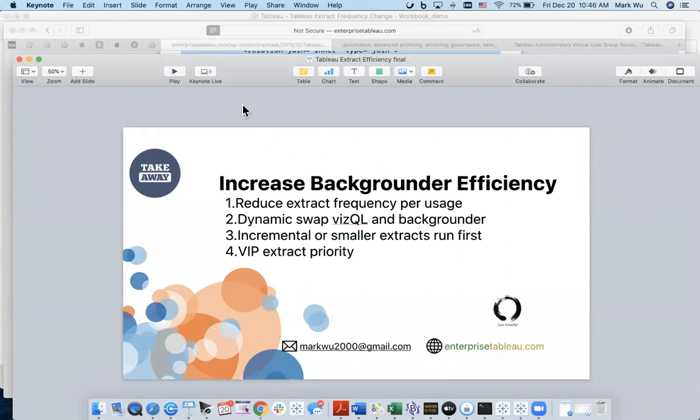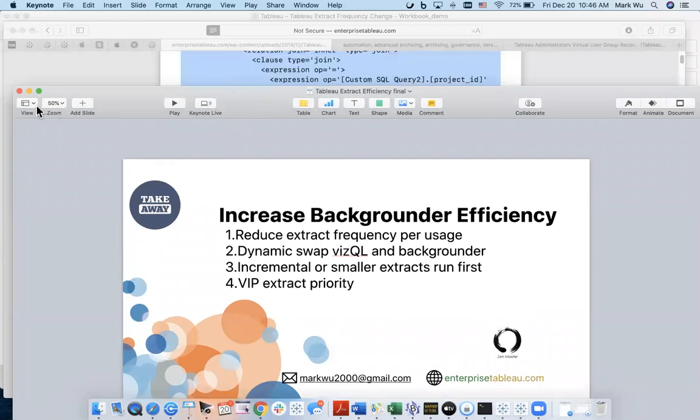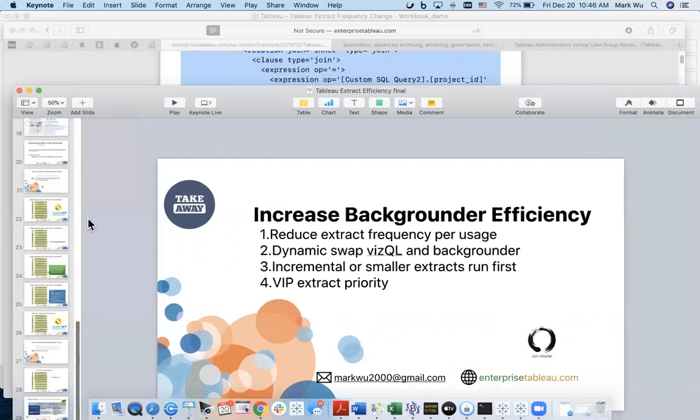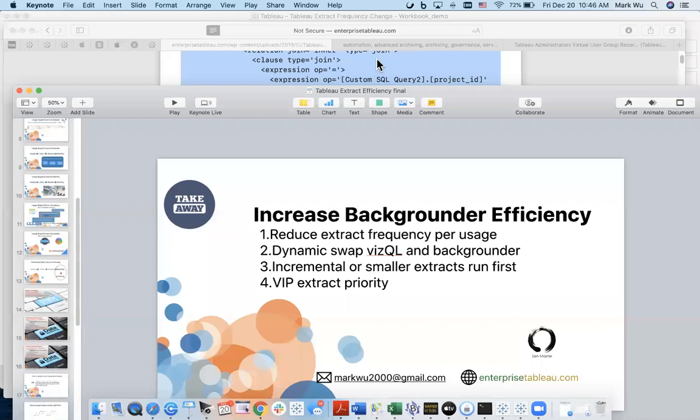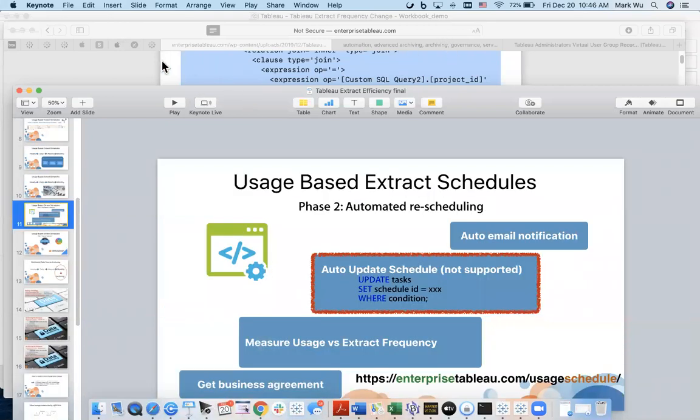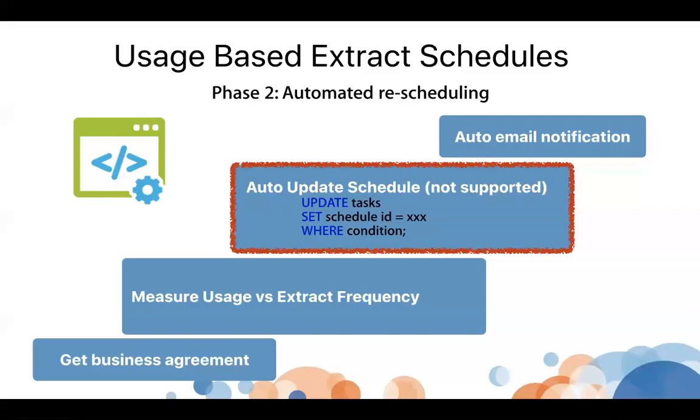People have a question about updates. Let me just go back. Oh, this one. Okay, go back to where it was. The question is around these updates. This update is to update Postgres directly. Again, it's not supported by Tableau, and there is risk associated with that.